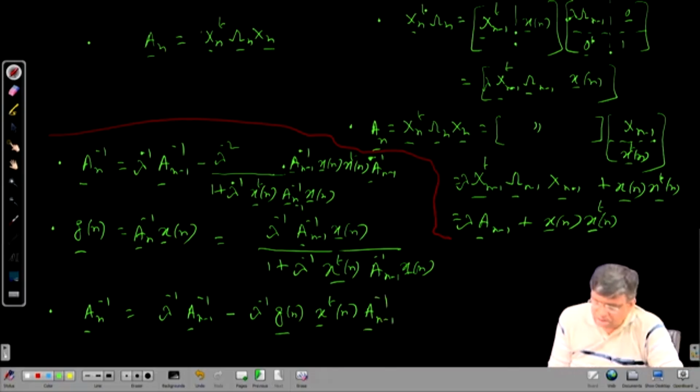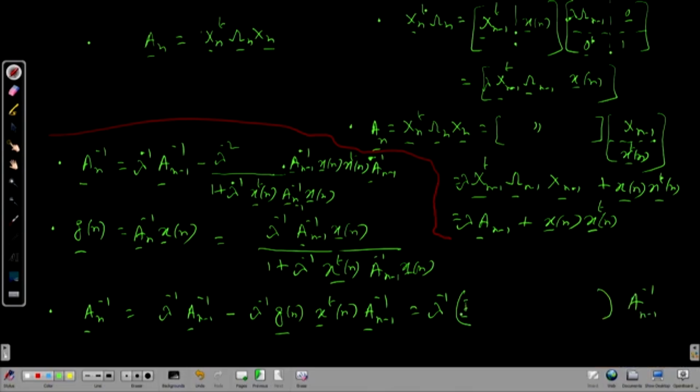All right, and take lambda inverse common, A n minus 1 inverse common for both sides. So that means I have to have an identity matrix. Identity into this is this minus just G n times x transpose n, that is all. All right, this is common.